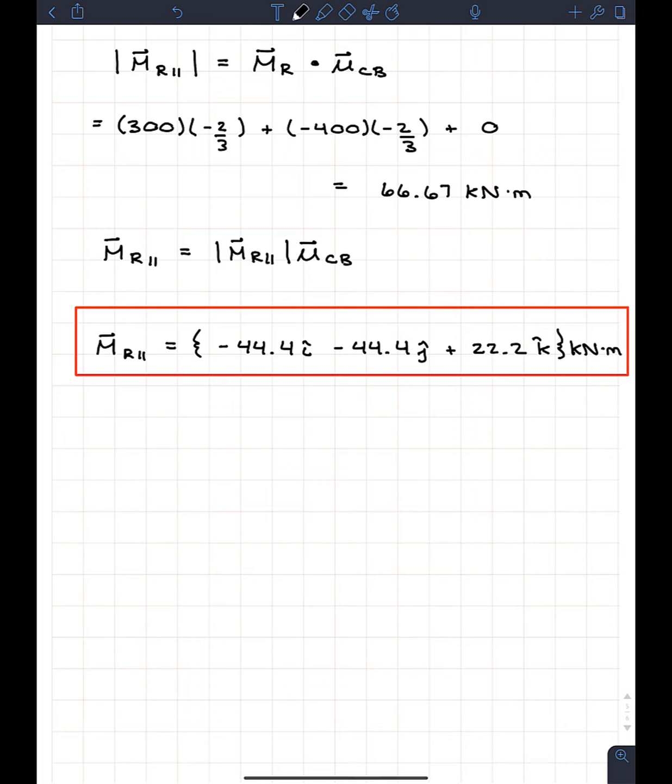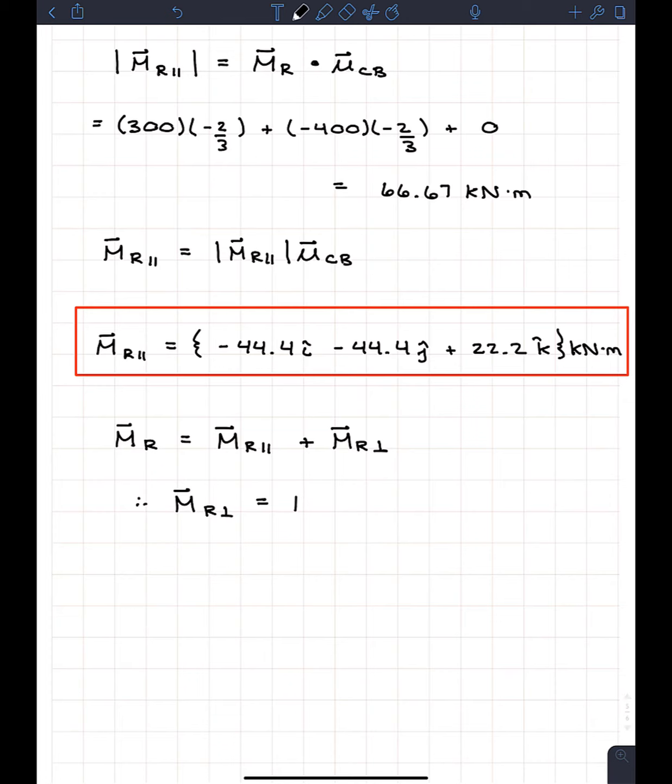So it's the same thing here. This moment vector, our resultant moment vector, which we know is equal to the moment vector parallel, which we also know, plus the moment vector perpendicular. And if we look at this, the only thing that we don't know is actually MR perpendicular. So therefore, we can find MR perpendicular by just doing a little bit of algebra.